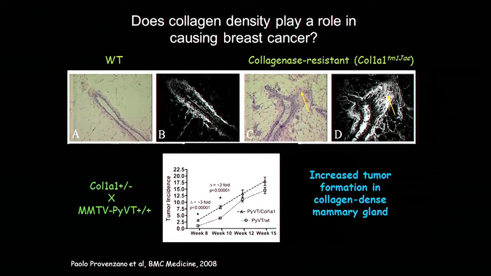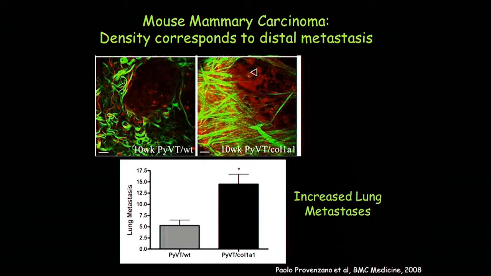But what happened when we did it in this collagen-rich background is we had faster tumors and we had more of them. But the most striking difference is when we went to take those tumors out, to excise them, they were incredibly attached inside the wall of the animal. And this is an example. So in green is the collagen and kind of in red is the tumor.